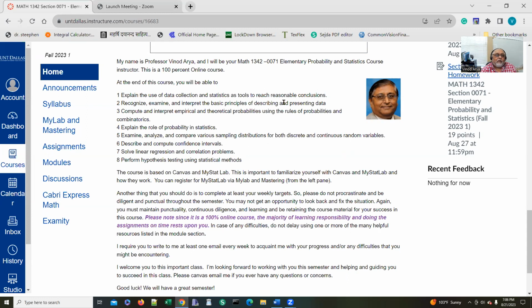The first thing you will be able to do is explain the use of data collection and statistics as tools of reaching reasonable conclusions, recognize, examine, and interpret the basic principles of describing and presenting data, compute and interpret empirical and theoretical probabilities using the rules of probabilities and combinatorics, explain the role of probability in statistics, examine, analyze, and compare various sampling distributions for both discrete and continuous random variables, describe and compute confidence intervals, solve linear regression and correlation problems, and the last one is perform hypothesis testing using statistical methods.